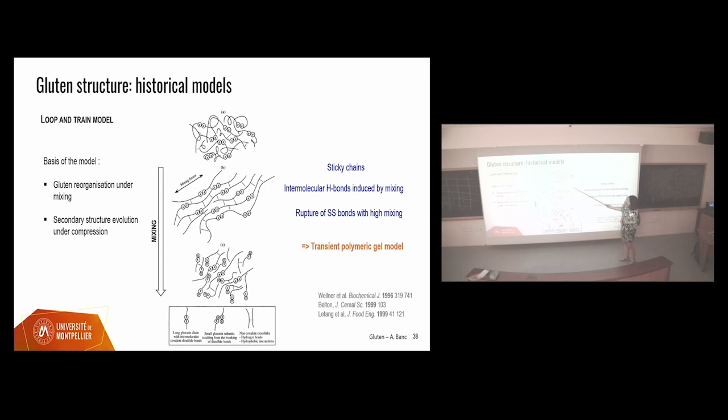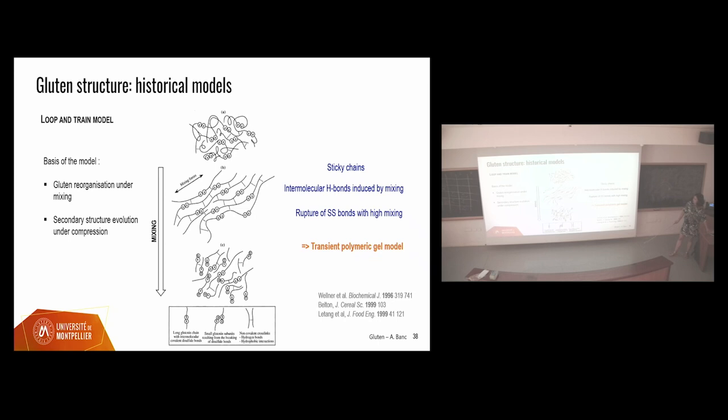As we shear, there's an orientation of chains of gluten protein that induces the formation of intermolecular hydrogen or hydrophobic bonds. And using higher mixing rate, we would break disulfide bonds. So in that case, people consider that gluten is a transient polymeric gel.